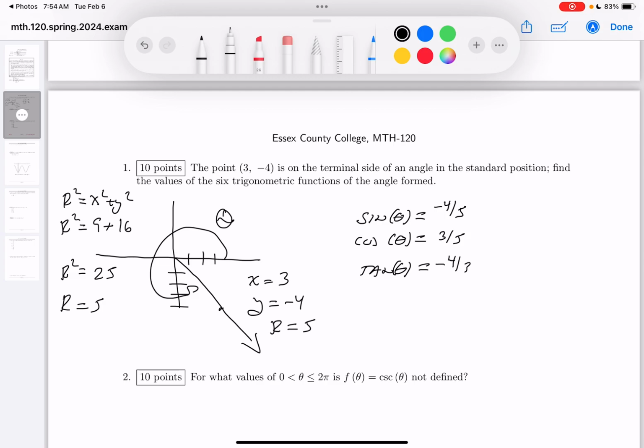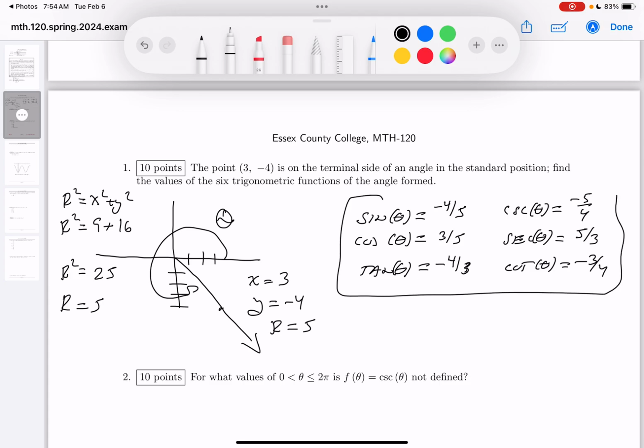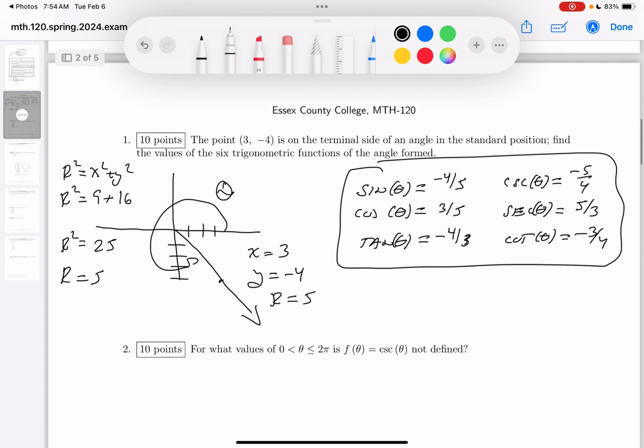And again, you would need to know the definitions of those functions to know that. I'm going to write down the reciprocals, which is the cosecant, which is going to be -5/4, secant, which is going to be 5/3, and the cotangent, which is going to be -3/4. All right, that was the question. That's the answer. Let's go to the next one.